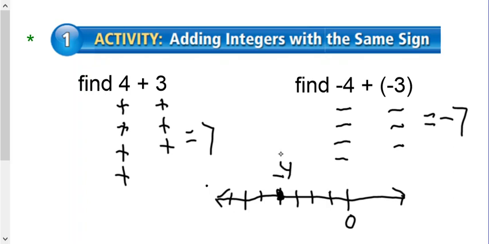And we are going to add 3 negatives to that negative 4. So if we're working with negatives, we're always moving to the left. So if we're adding 3 negatives, we're going to go 1, 2, 3 to the left, and that will give us negative 7. Okay, so negative 4 plus negative 3 is equal to negative 7. Go ahead and pause right now. Make sure you have these two examples written in your notebook.